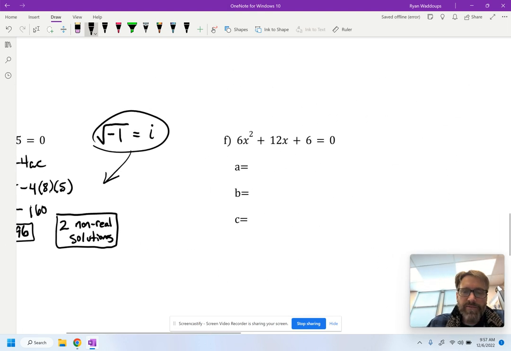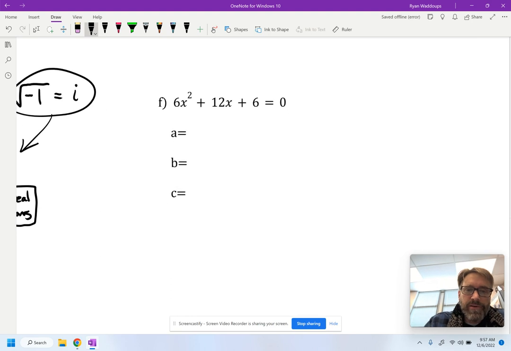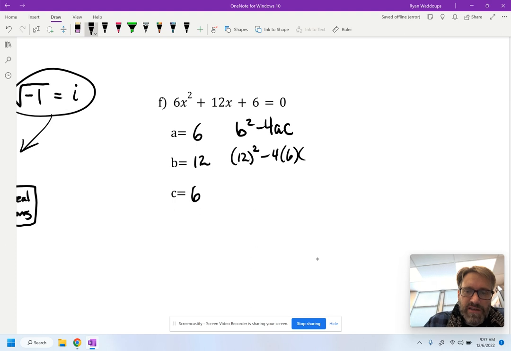All right, let's look at F. Again, it's in standard form. We like that. A is 6, B is 12, and C is also 6. B squared minus 4AC. B is 12 squared minus 4 times A, which is 6, times C, which is 6.